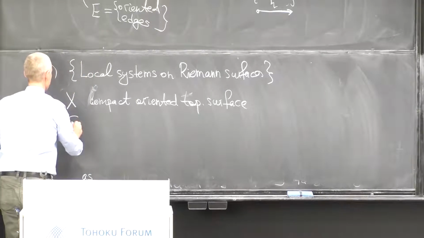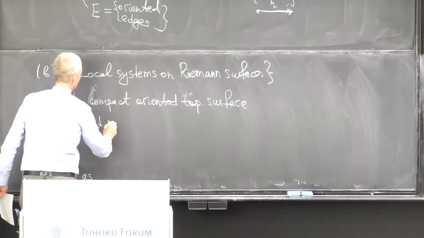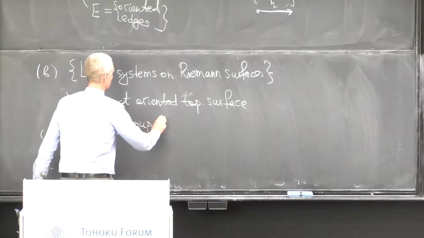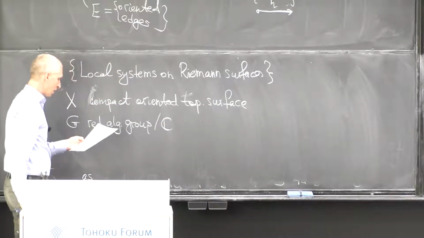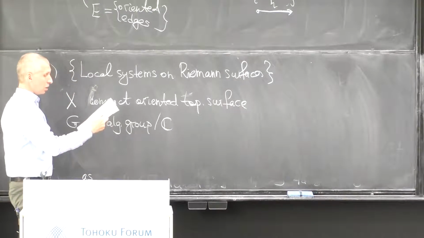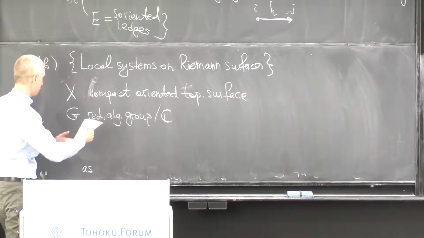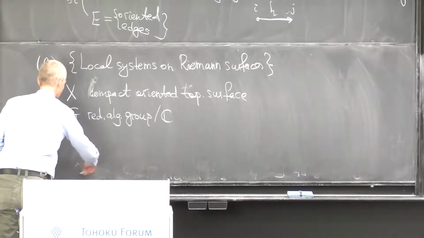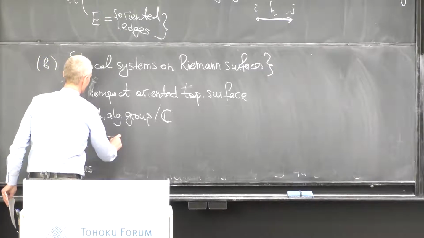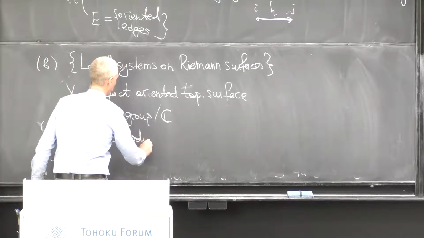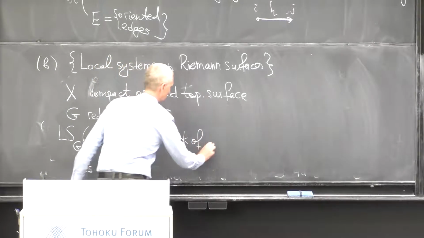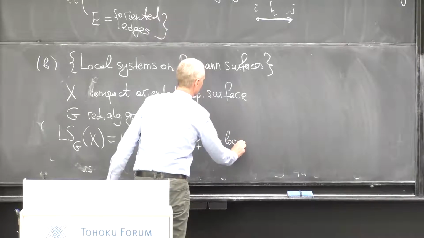We take G a reductive algebraic group over C. And we take the moduli space, or more precisely, the moduli stack of the G local systems on X, LS_G(X). So, the moduli stack of G local systems.